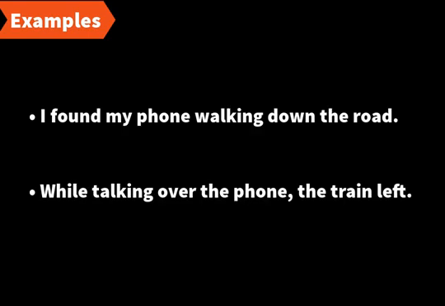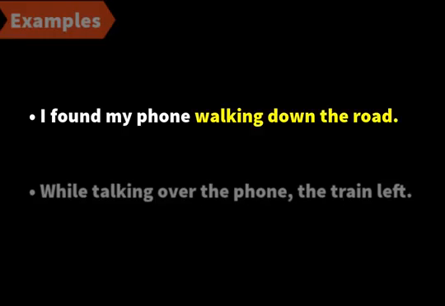Let me give you more examples. I found my phone walking down the road. Now, what is it? A misplaced modifier or a dangling modifier? What is this modifying phrase modifying? Walking down the road. Who is doing this action? Is it the phone walking down the road or me? You already know that it's me who's walking down the road, but if you look at the sentence, it looks like it is my phone that's walking down the road.